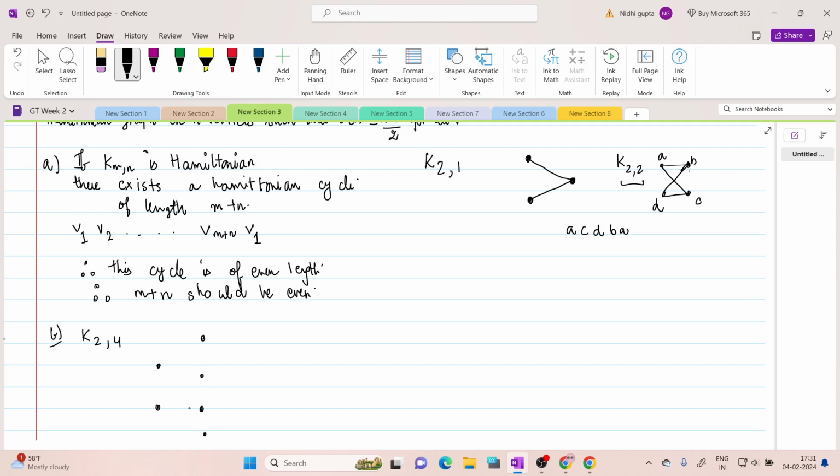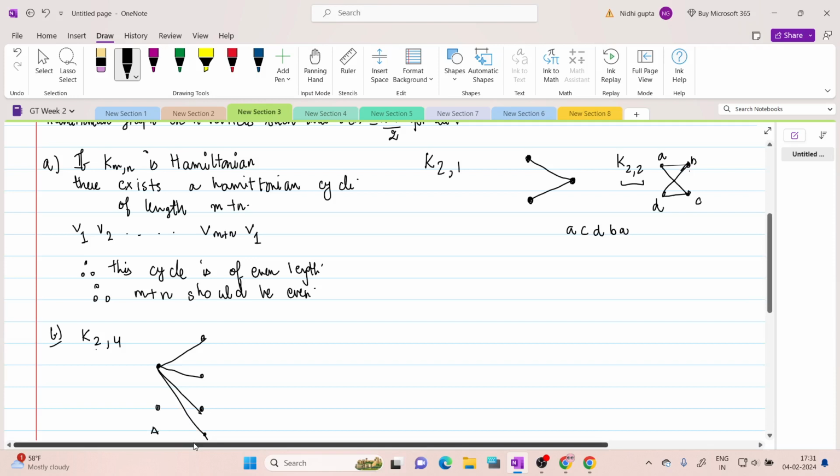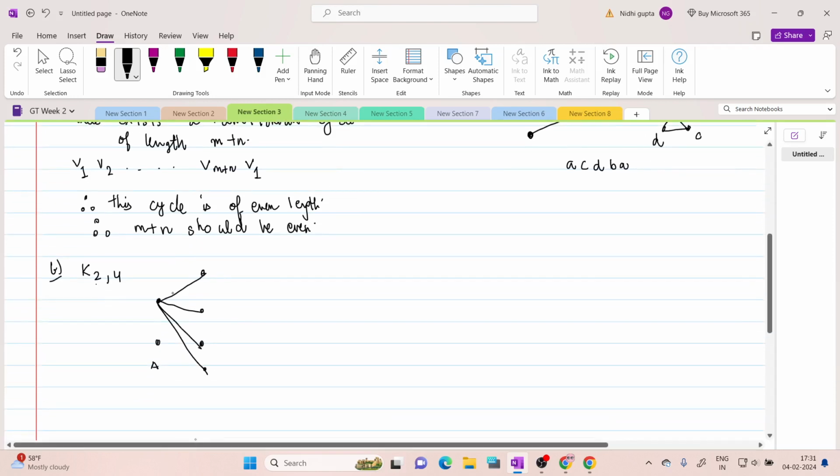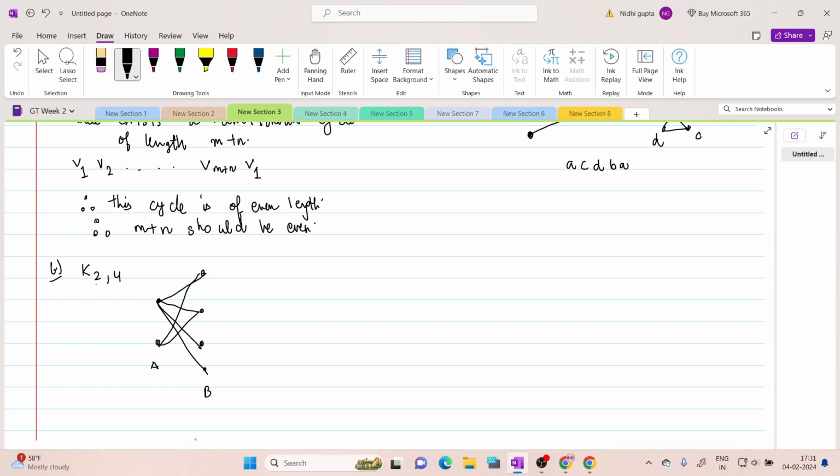If it is K_{2,4}, that means the first set has 2 vertices, the second set has 4 vertices, and we will connect every vertex in A with every vertex in B. This is A, this is B. If it is Hamiltonian, we should be able to find a cycle which is covering all the vertices of this graph.